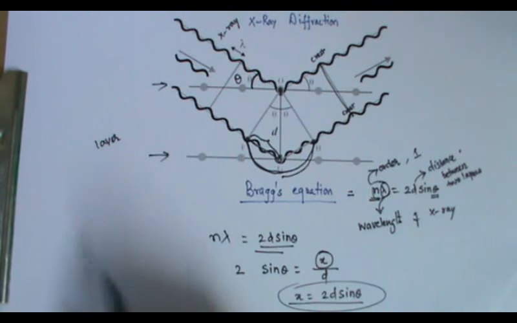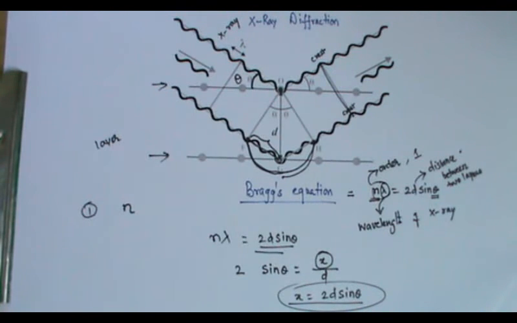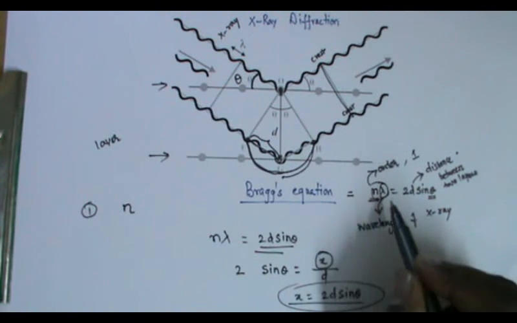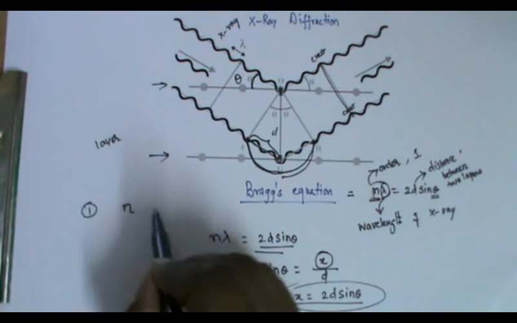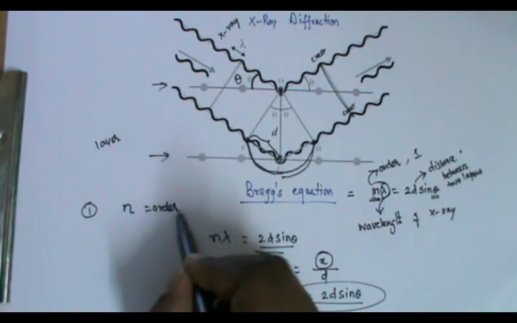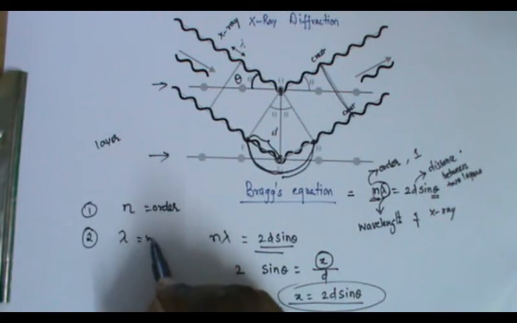Generally, in the problem, they may ask to find out n, which order. They may give the lambda, the angle and the distance. That may be given. What is the order? Second one, what is the wavelength of X-ray?